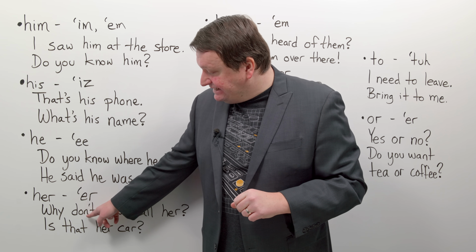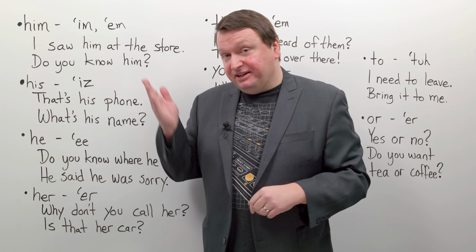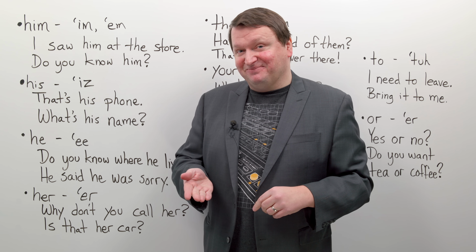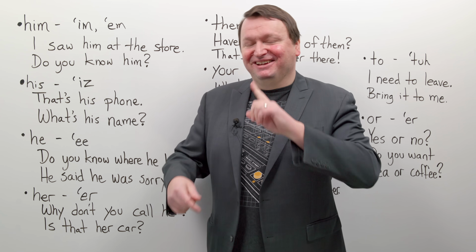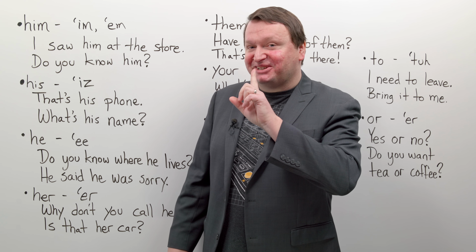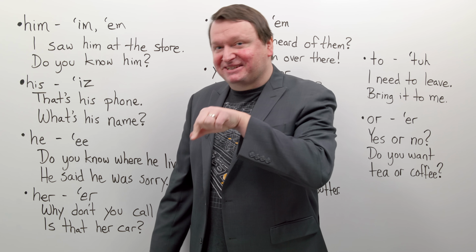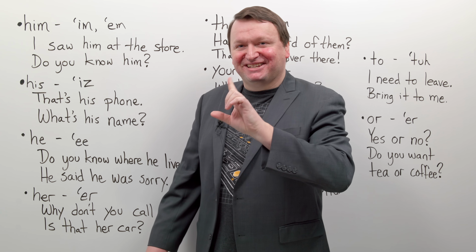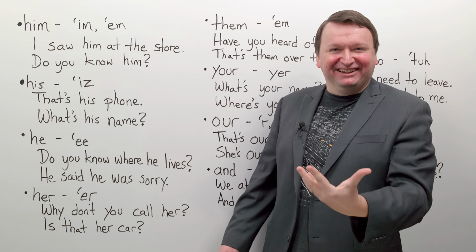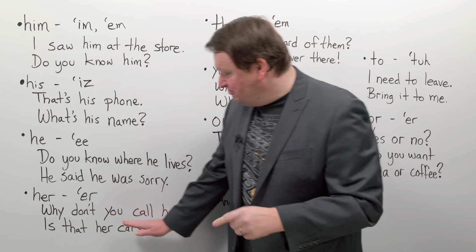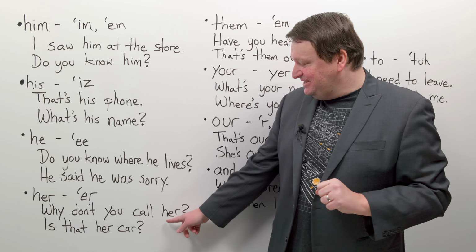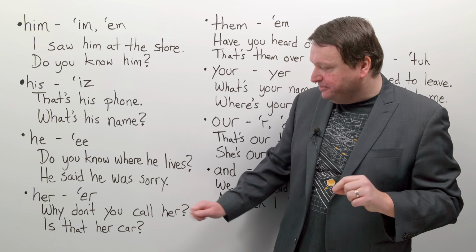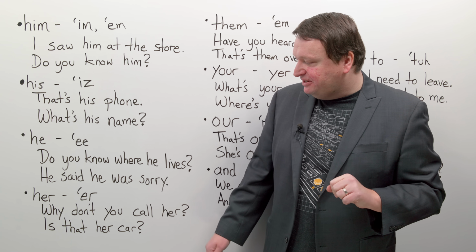Often with N and T together, we do not release the T. So we say we don't. Your tongue goes in the T position, but it doesn't release the T. It doesn't say don't. We just say don't. The tongue stays there because it's lazy. Basically, it's easier. But let's focus on the her in this case.